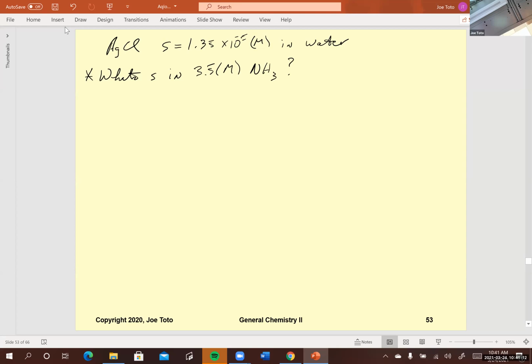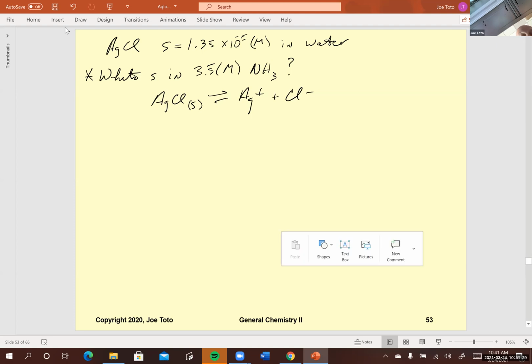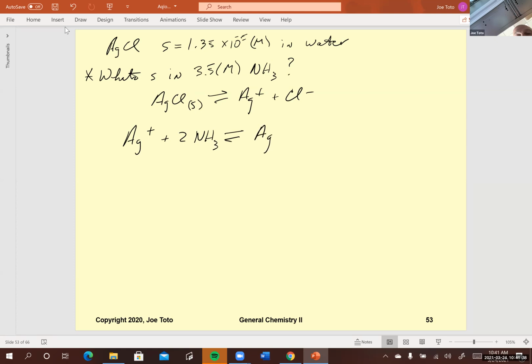Now, how would I think about solving a problem like that? Well, the first thing I would note is that silver chloride forms this equilibrium with its ions. And I know that the formation of the complex ion is going to form this way, Ag(NH3)2, and this whole thing is charged +1.